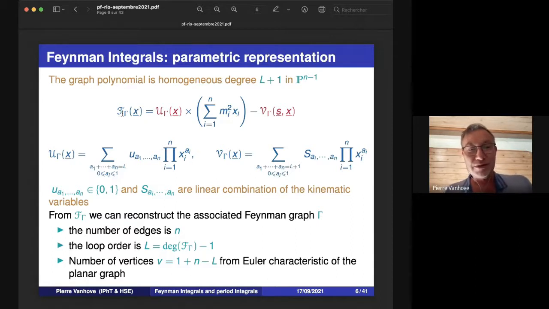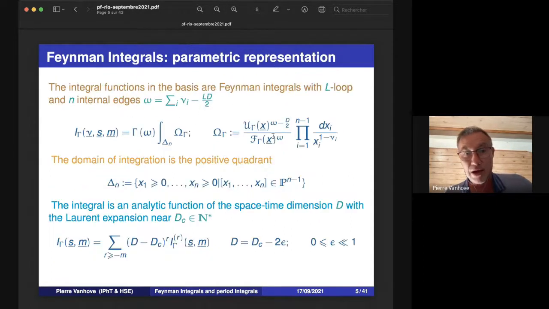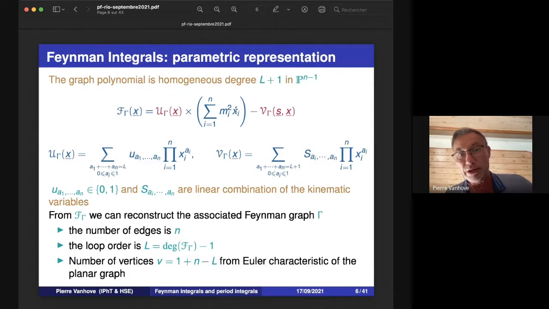The label gamma refers to a graph. This is the first and the second Symanzik polynomial associated to a graph. This F contains a piece that is exactly the guy that you have here, times a linear hyperplane, something linear in the projective space variables times some positive coefficient.